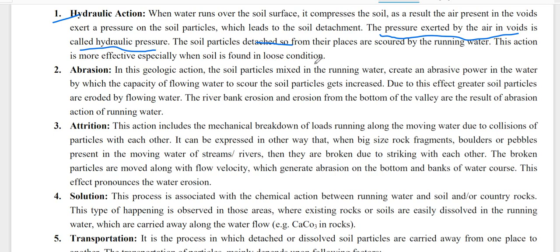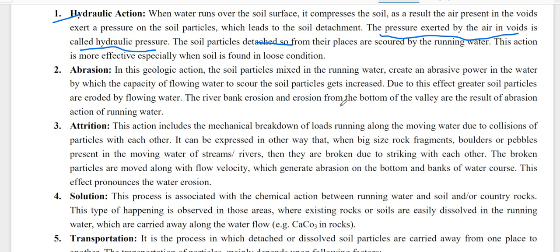Are you getting this? If soil particles are mixed in running water, then the running water will have an abrasive power to carry soil particles.